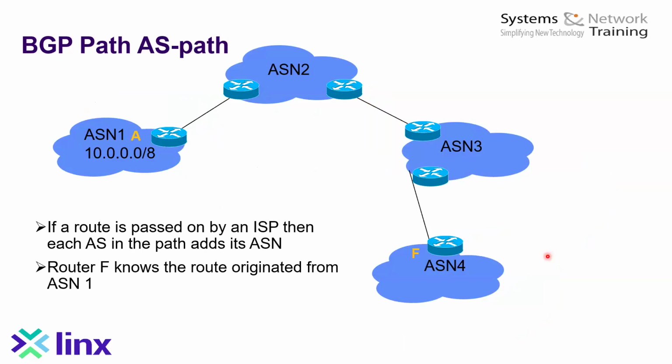Now, do you recall when we were talking about BGP earlier on, we said that each internet service provider or other organization uses an autonomous system number. Like here we have 4 autonomous systems, and each of them has a different autonomous system number. I've simplified it: ASN 1, 2, 3, 4.